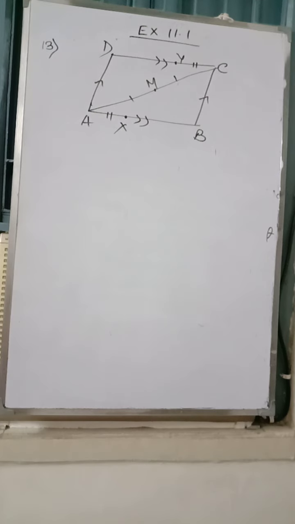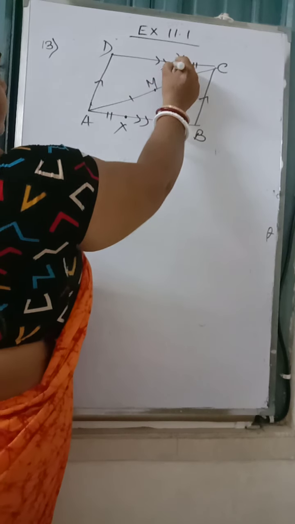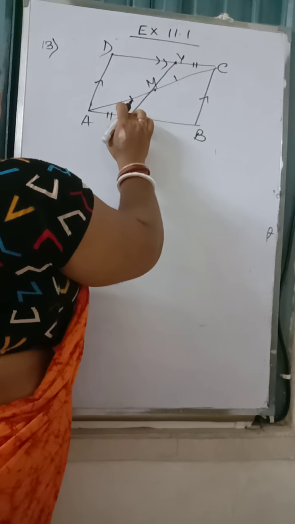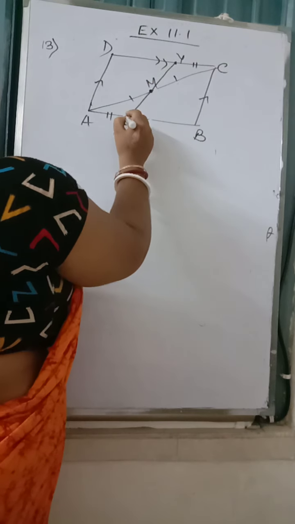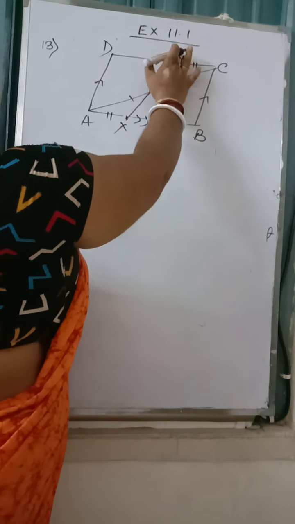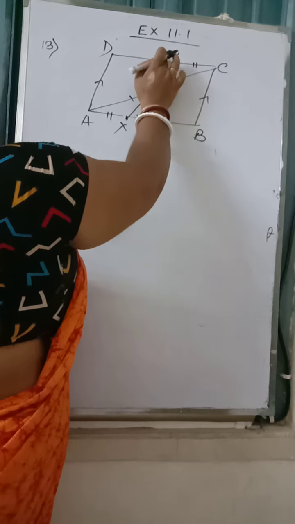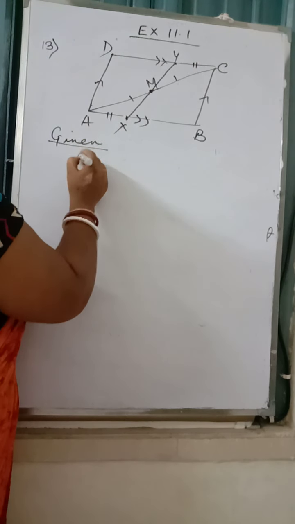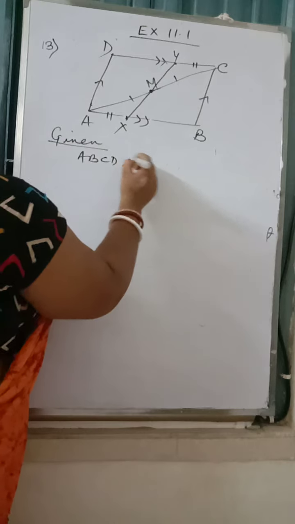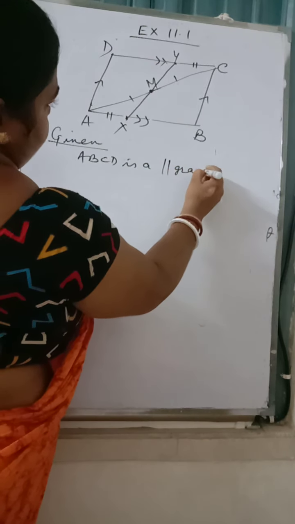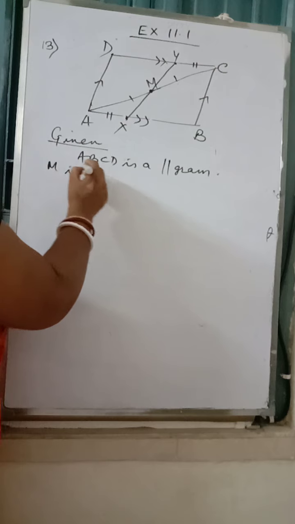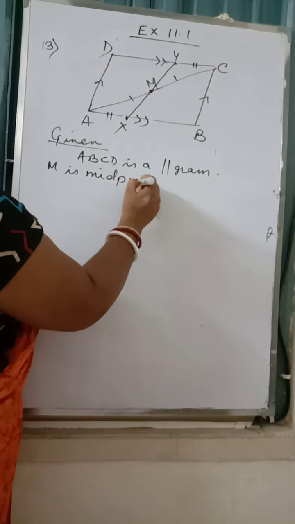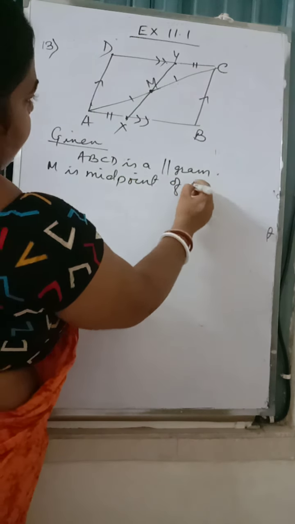Now here it says prove triangle AXM is congruent to triangle MYC. Is it given? ABCD is a parallelogram. M is a midpoint of AC.